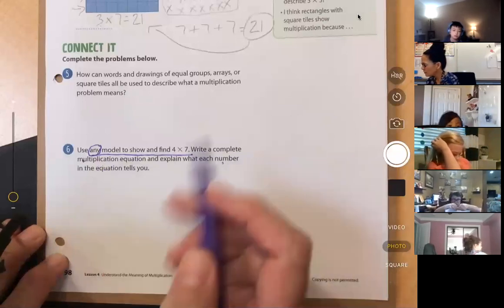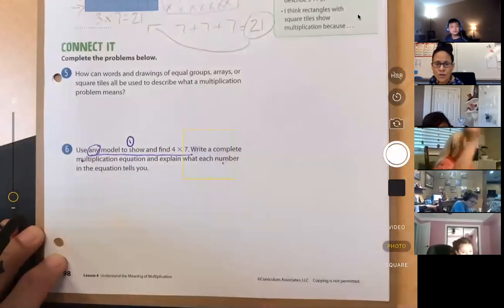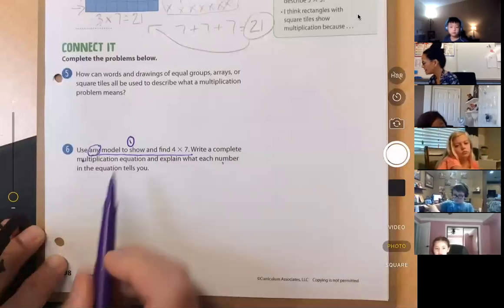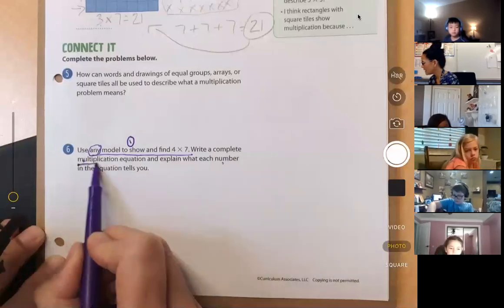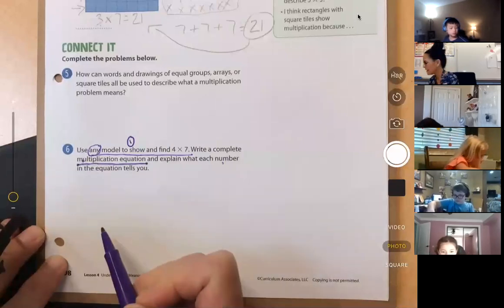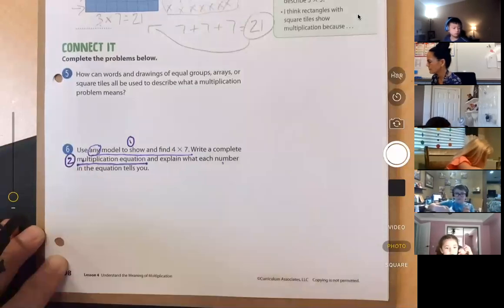So I'm going to call this one number 1. That's going to be my first question. I have to draw a model. And then my second is going to be a multiplication equation. That's another thing I've got to do. So I'm going to say that's number 2. Awesome.